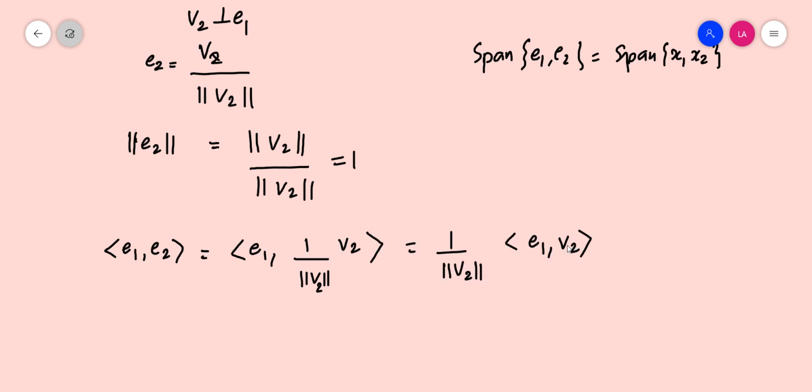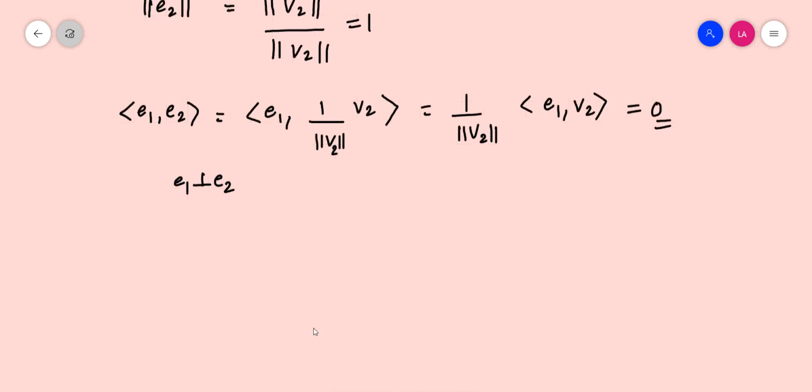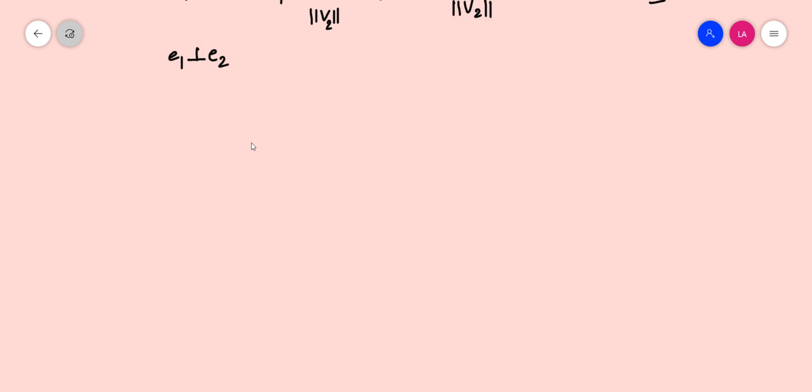We have already proved that inner product e1, v2, or v2, e1, is equal to 0. e1 is orthogonal to v2, so this is equal to 0. So e1 and e2 are orthogonal. From x1 and x2 we constructed two elements e1 and e2, both of them pairwise orthogonal, each of them with norm 1.